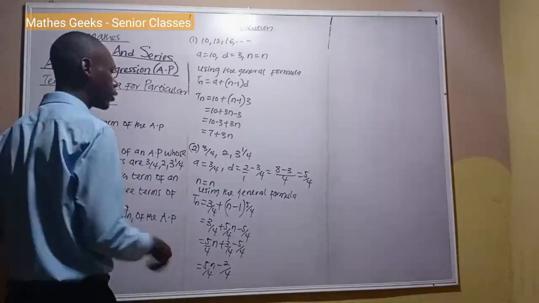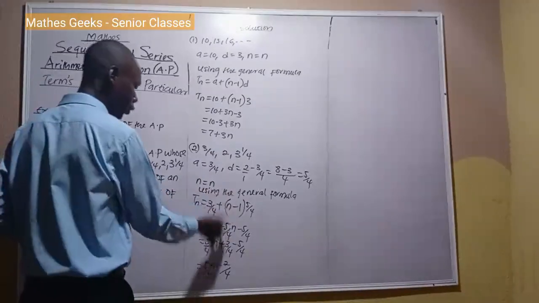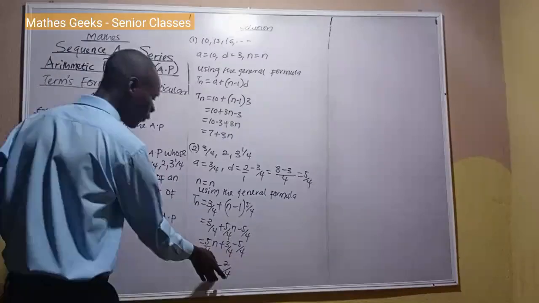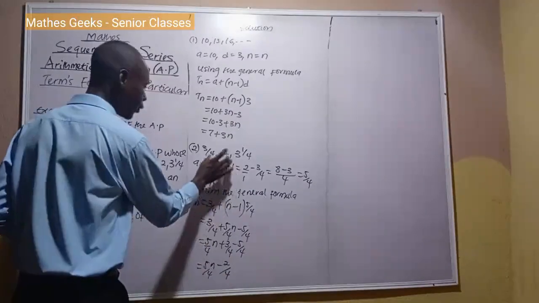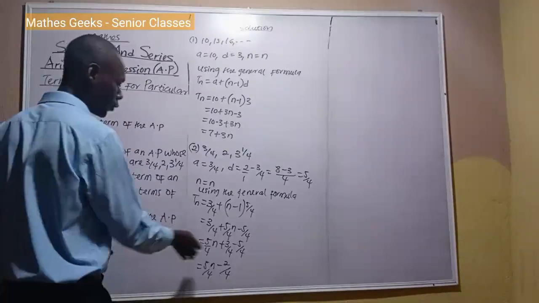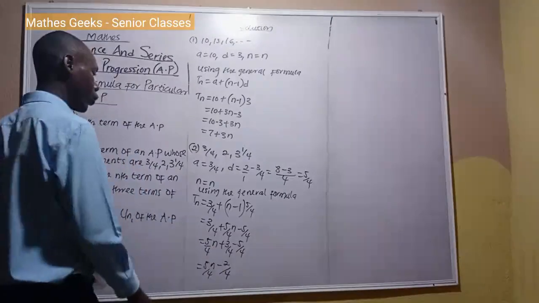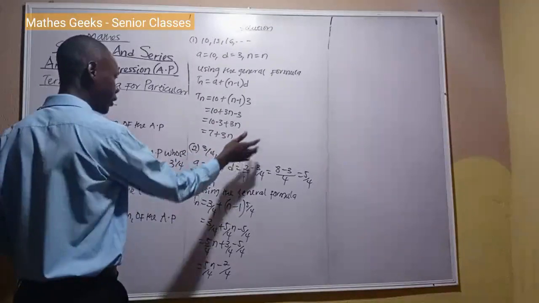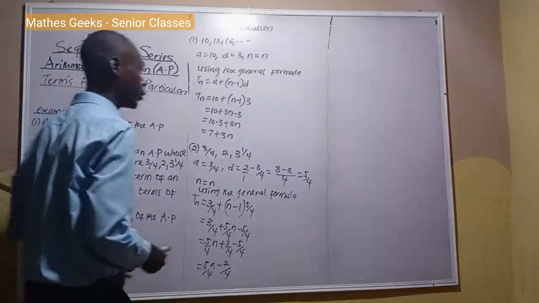You are looking for T6, just use this formula instead, because this formula was gotten from the general AP formula. So that will give you this shortcut to getting the preceding or the subsequent terms of this sequence.